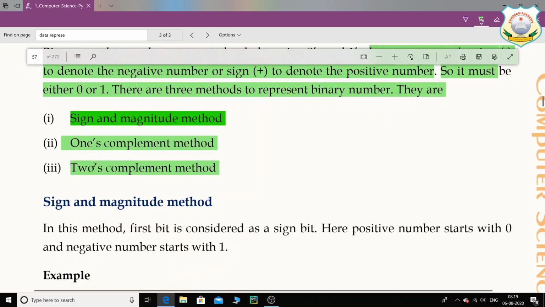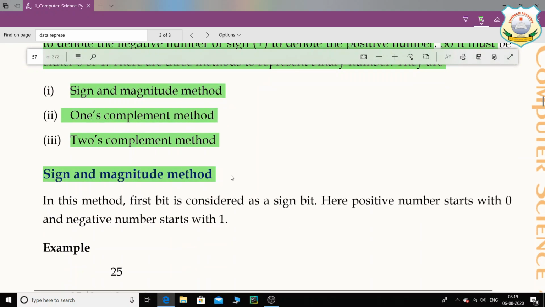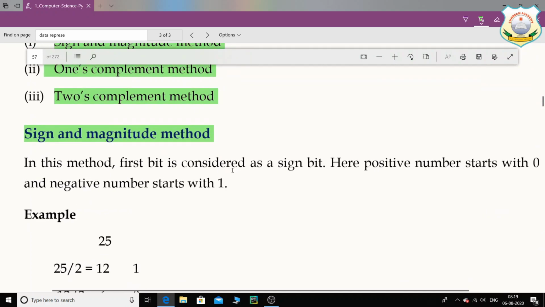The first is the sign and magnitude method. In this method, the first bit from the left-hand side is considered as the sign bit.